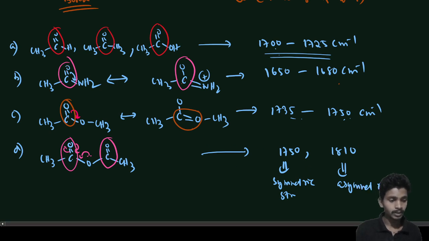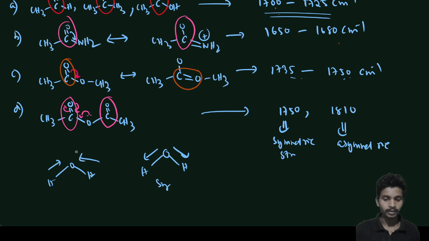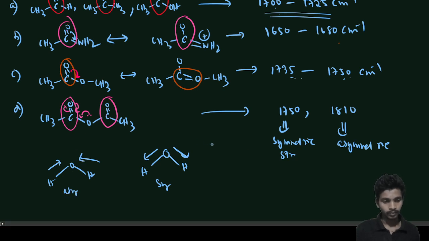You know that symmetric stretching is, let's say, any group of this type. This is also here, this is also here, this is called the same way, the symmetry. And let's say one is here, another is here, this is called asymmetric stretching. So symmetric is always the lower value, that is 750, and asymmetric is always the higher value, that is 1810.